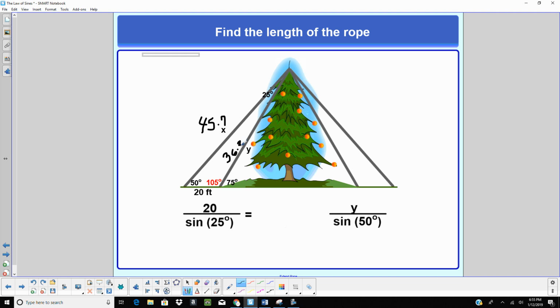And you kind of want to ask yourself, does that seem reasonable? In my mind, it does, because the rope on the outer should be longer. If I hadn't gotten a longer rope, I'd probably go back and reevaluate and see if I did something wrong.